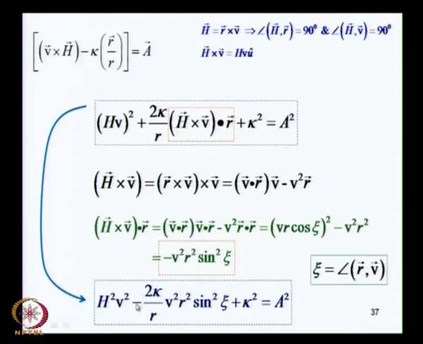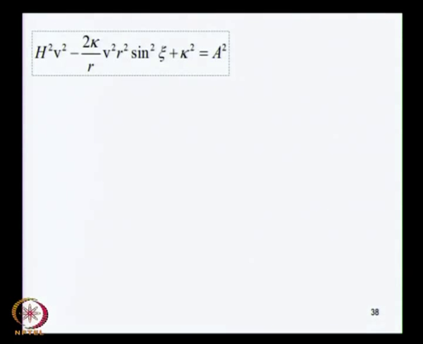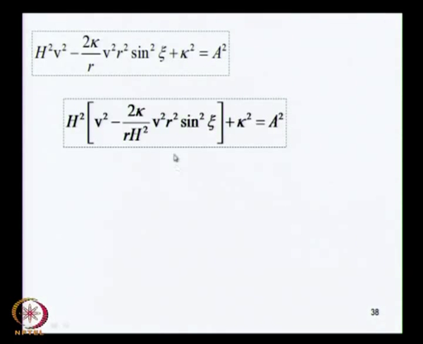Now, this is a very nice form, because you can recognize this v r sin xi to be the magnitude of the specific angular momentum, because that is r cross v, right. So, I take h square as common in the first two terms. It is already sitting there explicitly in the first term, and since I have taken it as common, I must divide the second term by h square.